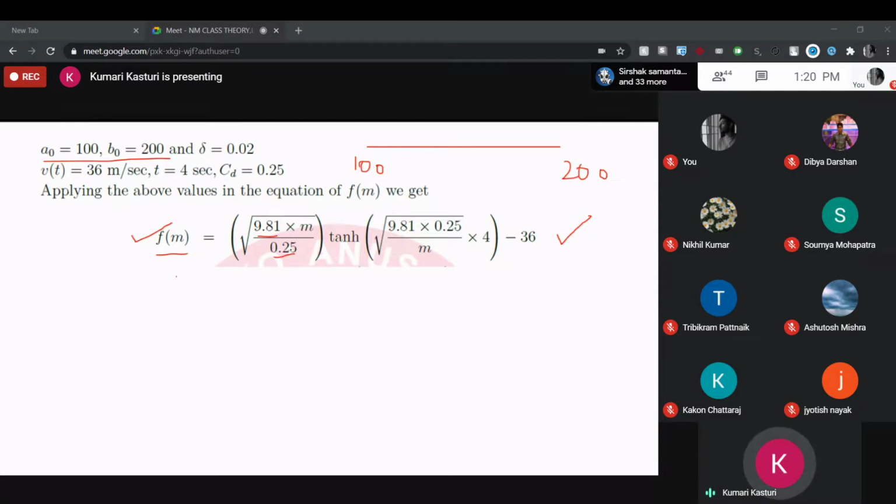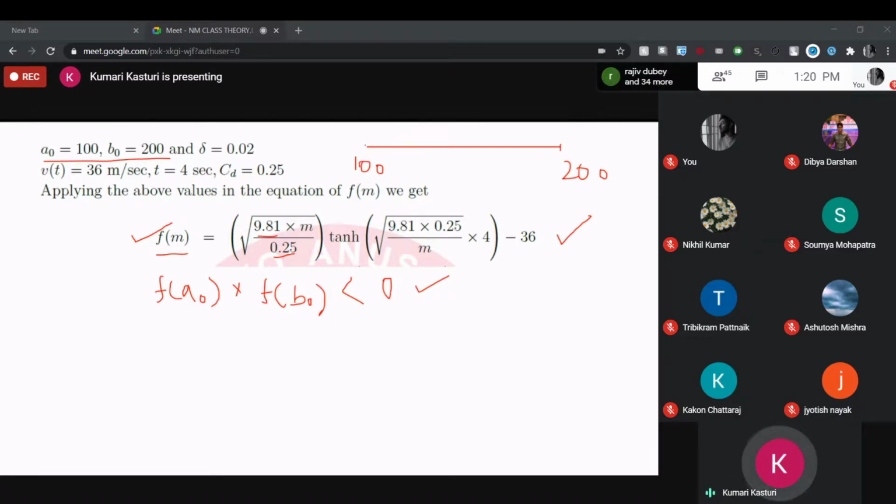To confirm that, we first of all have to calculate f of a0. F of a0 into f of b0 should be less than 0. If it is, then your solution is present between 100 and 200.